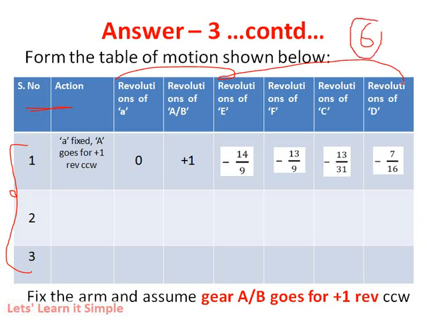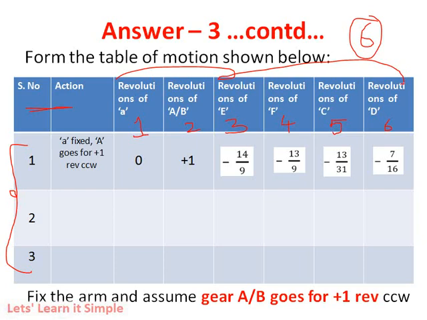Since we have 6 elements, we have 6 columns. One is for the arm, another is for compound wheel A and B, third is for gear E, next we have gear F, gear C, and last is gear D. So we need to open 6 additional columns.